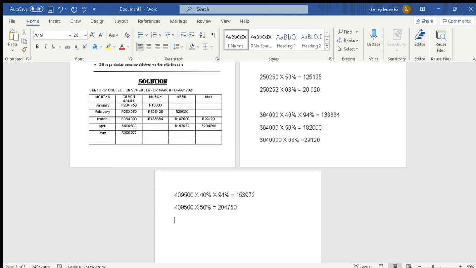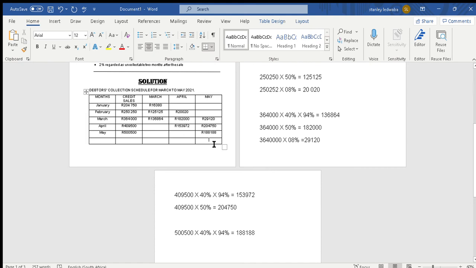Okay, then we are going to have 500 multiplied by 40% multiplied by 94%, is equal to 188. Remember, it's May. Then we are going to have 188.